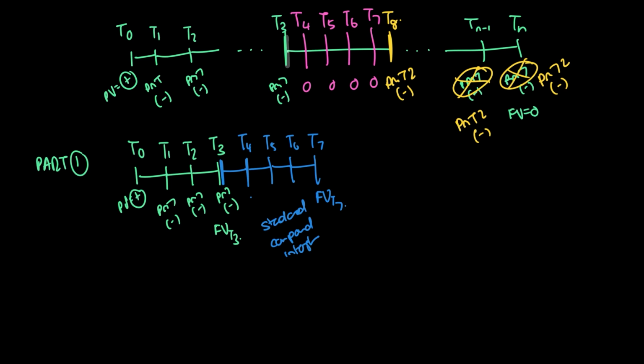Then you have that new annuity occurring. From technically T8, you start making payments, PMT2, and at T9 you have the PMT2, and you continue all the way until Tn, PMT2, with future value equal to 0.